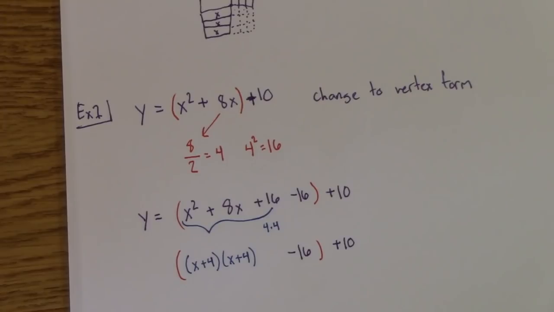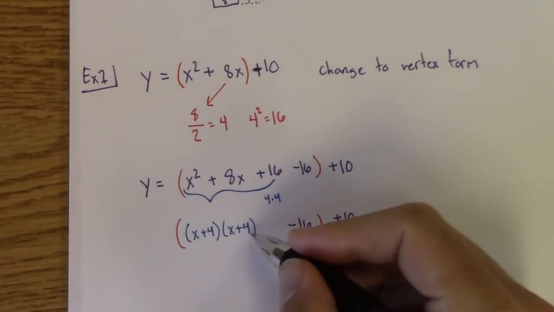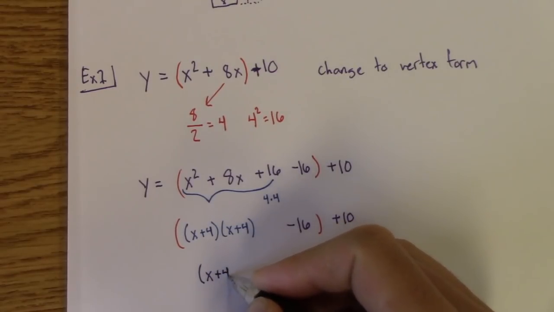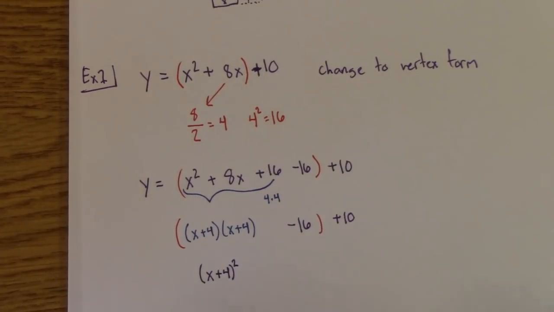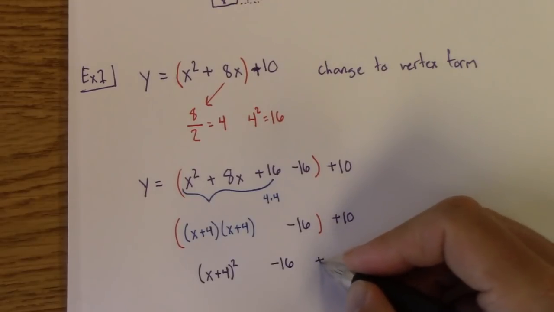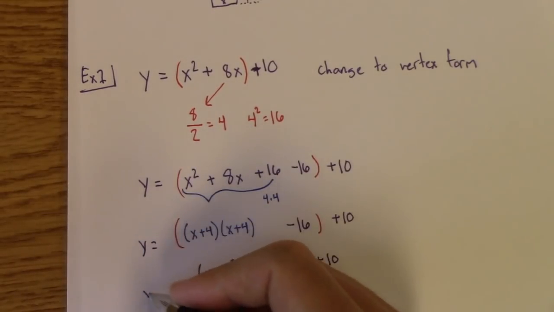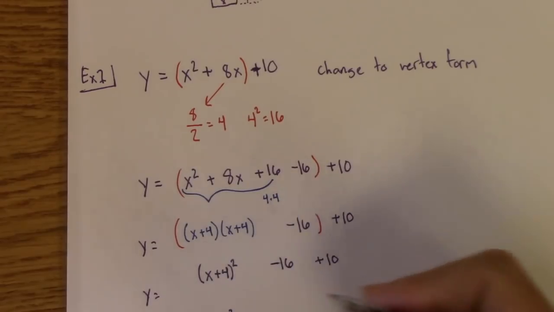If I then take this step, I can clean it up a little bit. X plus 4 times x plus 4 is really x plus 4 squared, because I have 2 of them multiplied together. The minus 16 comes straight down. The plus 10 comes straight down, and this cleans up to be y equals x plus 4 squared minus 6.